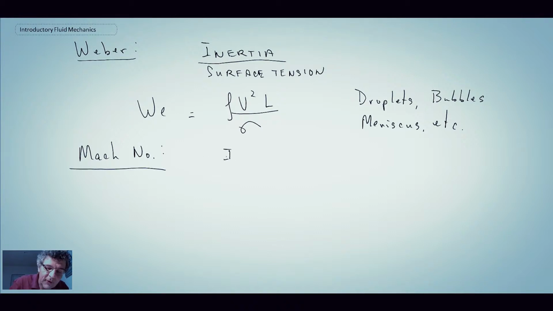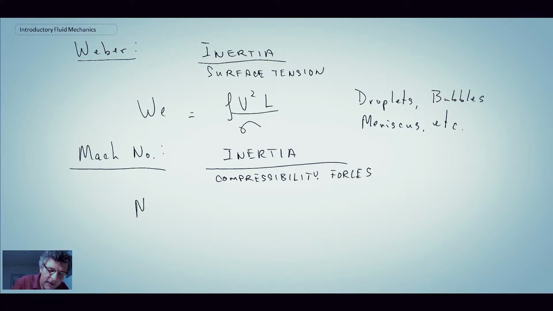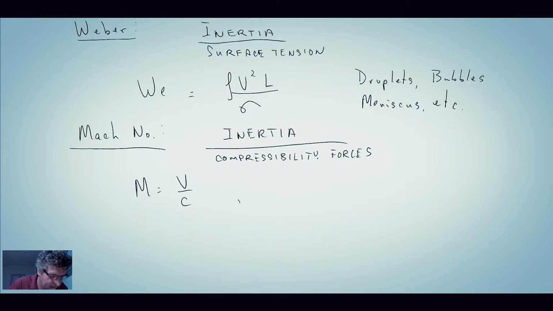And this is inertia forces to compressibility forces. And here the Mach number, quite often we'll see it expressed as V over C. V would be the local velocity and C is the speed of sound at those conditions.